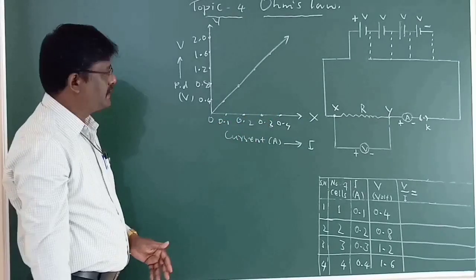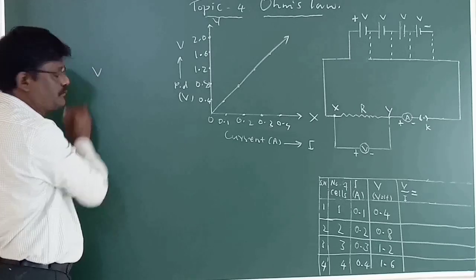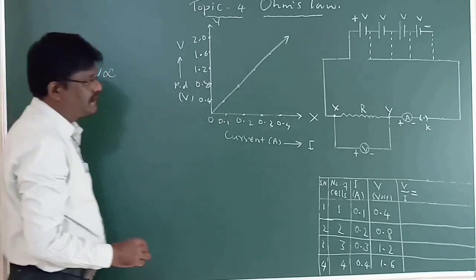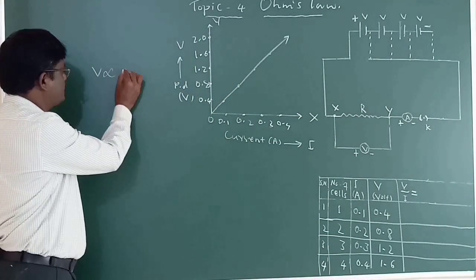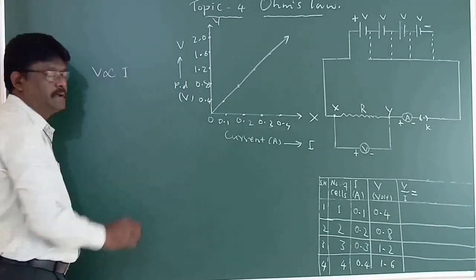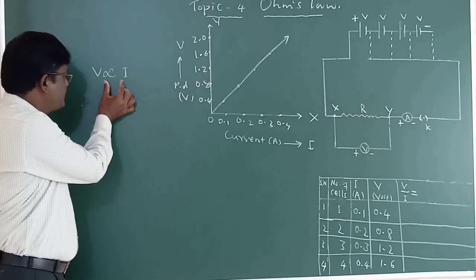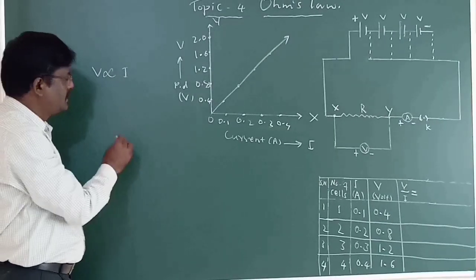Thus, mathematically, the potential difference across a conductor in an electric circuit is directly proportional to the current flowing through it. Therefore, V is proportional to I.